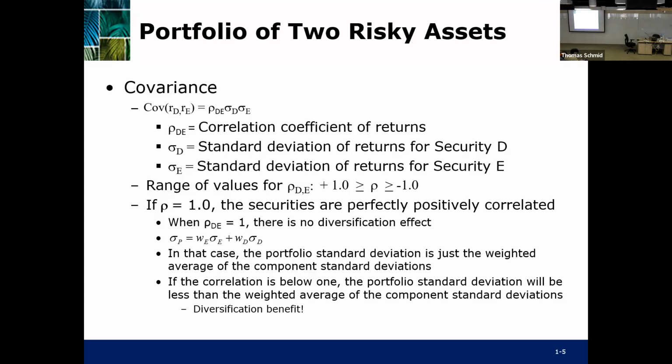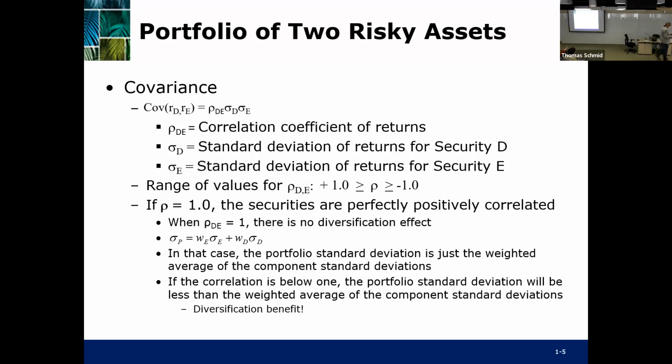So minus 1 and plus 1 are the two extreme cases. What does a correlation of plus 1 mean? Well, this means that if the one asset goes up, the other asset always also goes up. And if the one asset goes down, the other asset always also goes down. But be careful, not necessarily by the same amount. It's just the same direction.